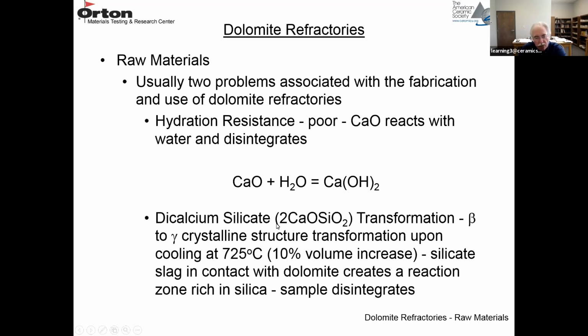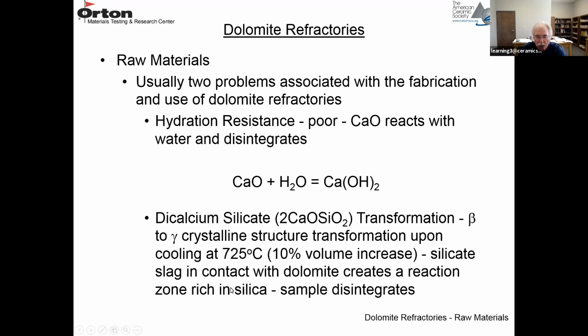The second is dicalcium silicate, 2CaO·SiO2. If you have silica present, and you have silica present in a lot of slags that are in contact with dolomite refractories, there's a beta to gamma crystalline structure transformation. And that takes place upon cooling at 725 degrees C. And when that transformation takes place, there's a 10% volume increase. So dolomite is commonly used in AOD vessels, argon oxygen decarburization vessels for making stainless steel.